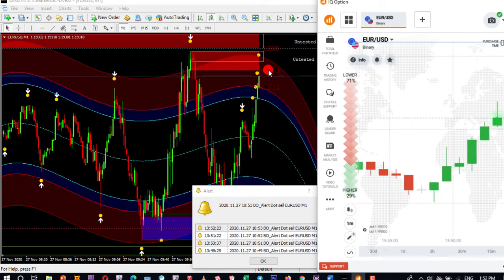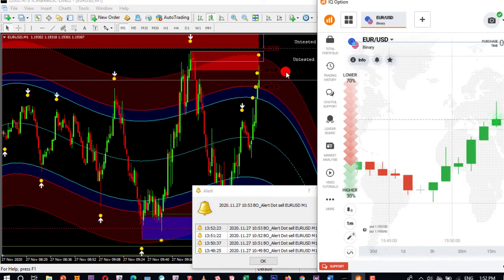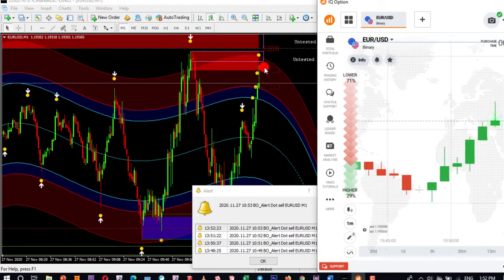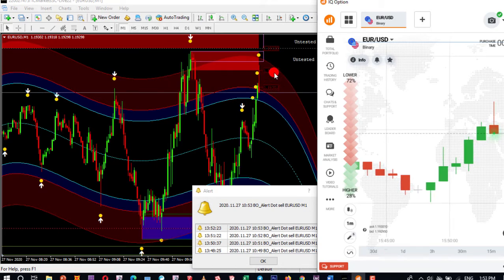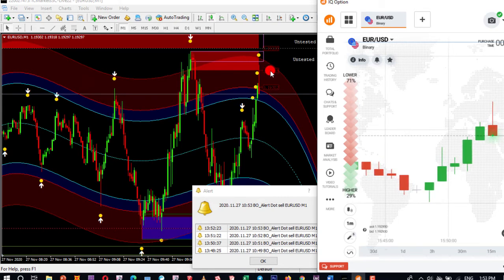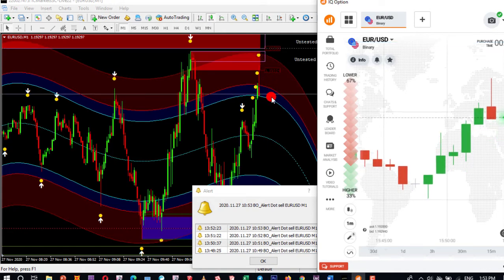There is a huge rejection, so it means the next candle will be a red candle, because there is a support and I saw a huge rejection. It is a high chance, not 100%, but there is a high possibility that the next candle will be red.